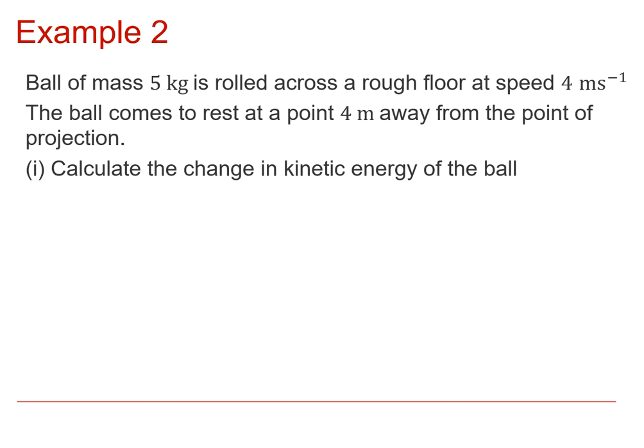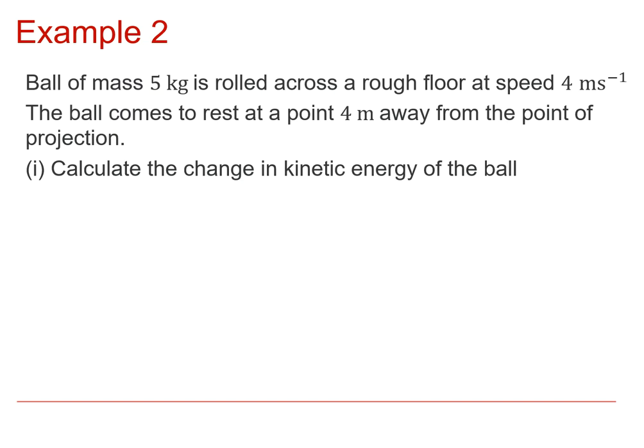Here's another example. We've got a ball of mass 5 kilograms going along a rough floor. Note that it is rough this time, at a speed of 4 meters per second. Because the floor is rough, the ball is going to slow down as it moves across the floor, and it will come to rest. Suppose it comes to rest 0.4 meters away from where it started. Firstly, can we find the change in the kinetic energy of the ball?